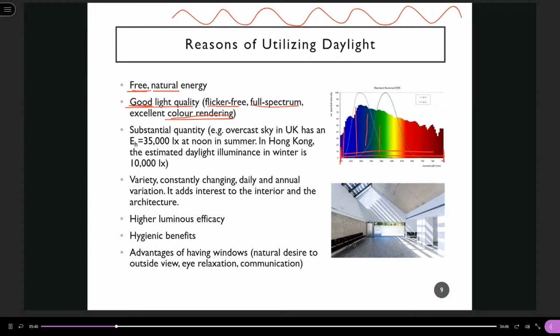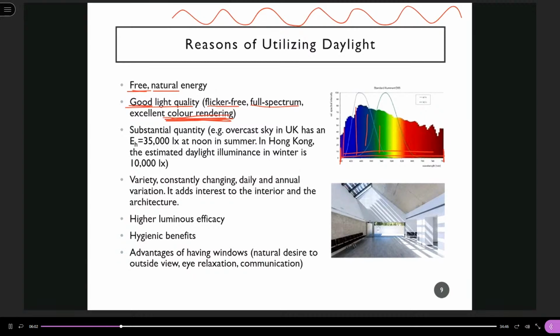Then everything will be a shade of yellow, dark yellow to light yellow color. So for those lighting, it has poor color rendering. We will talk about what it means by color rendering in the lecture next week.